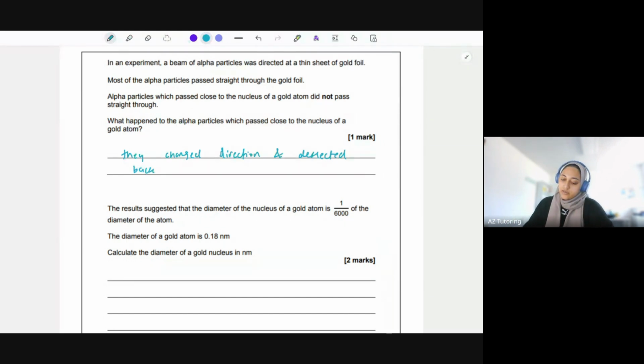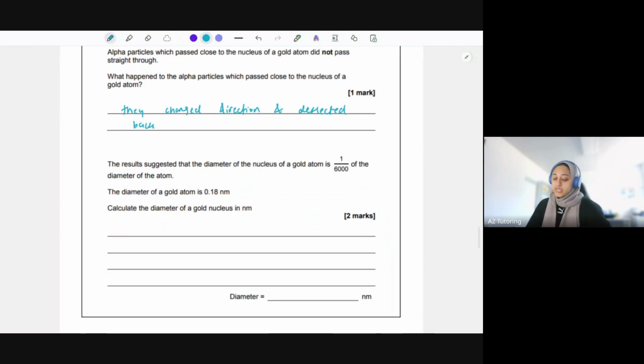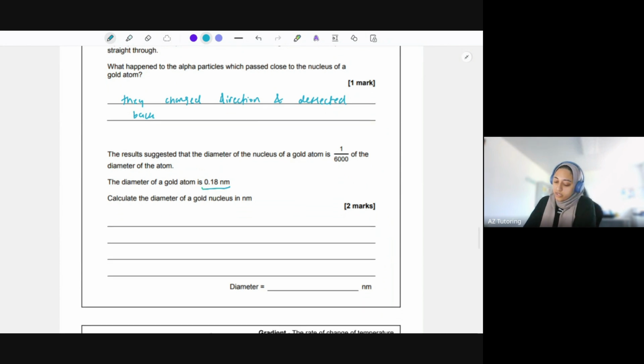So that's the alpha scattering experiment. It's quite a common question as well. So the results suggested the diameter of the nucleus of the gold atom is 1/6,000 of the diameter of the atom. The diameter of the gold atom is 0.18 nanometers. Calculate the diameter of the gold nucleus in nanometers. So the units are the same, so you can leave that as is, no conversions.